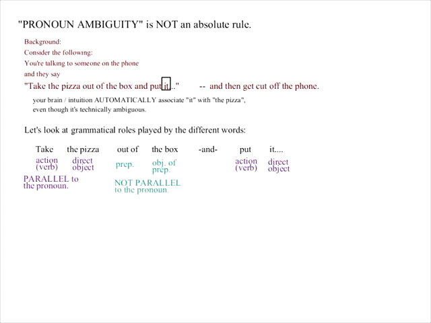So this is the distinction. Everybody give me a smiley face if you understand what this point is. This word, which is the word that all of you, without exception, associated with it, is parallel to the pronoun in question, and this word is not.